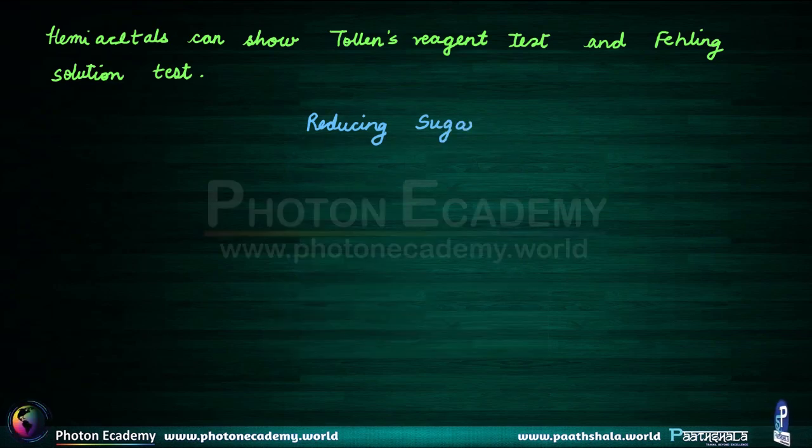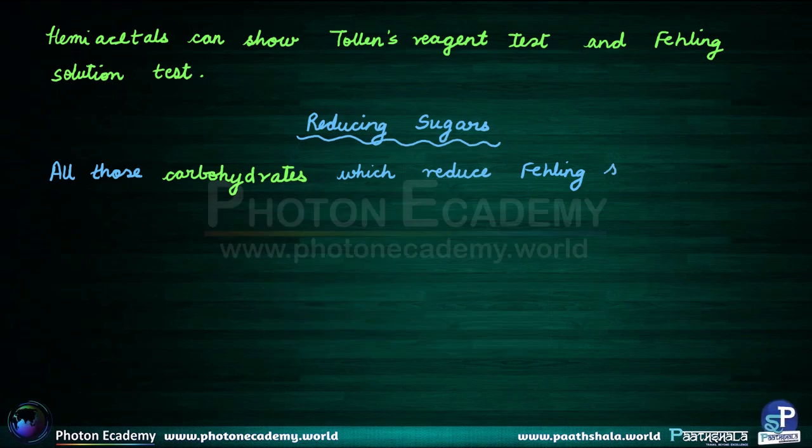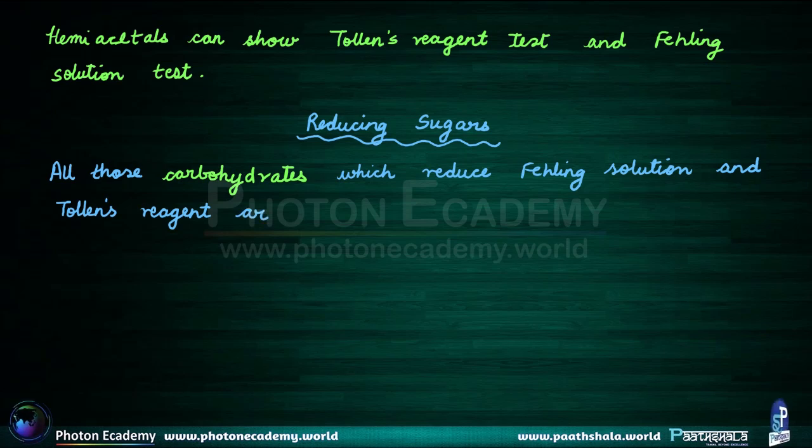So you just have to remember that all those carbohydrates which reduce Fehling's solution and Tollens reagent are called reducing sugars.